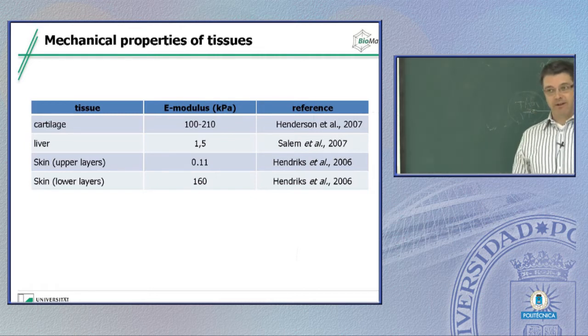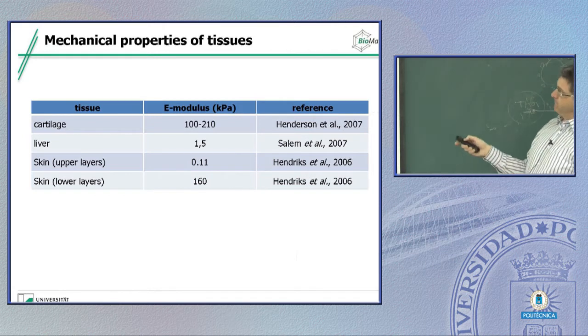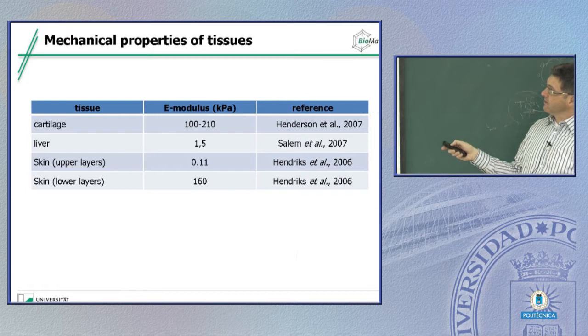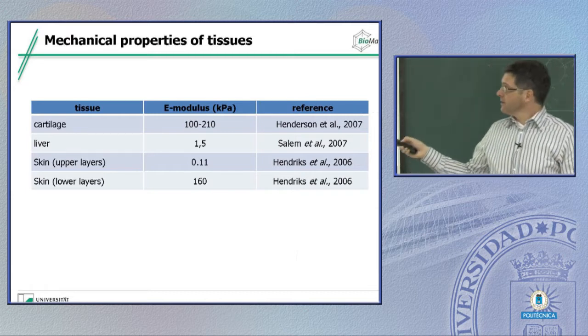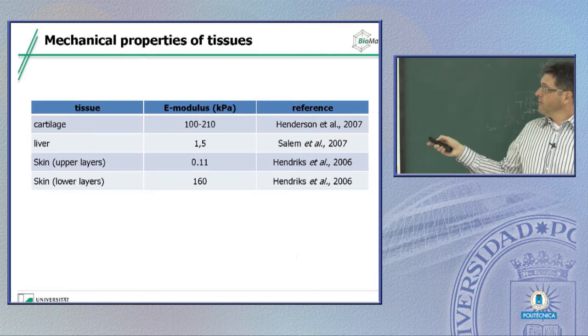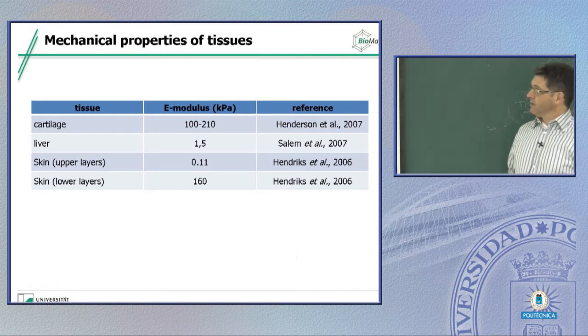We're here in the kilopascal regime. So cartilage is sort of the stiffest with between 100 and 200 kilopascal. But liver, for instance, has a very low E-modulus, 1.5 kilopascal. And skin, even the upper layers, has an even lower E-modulus.